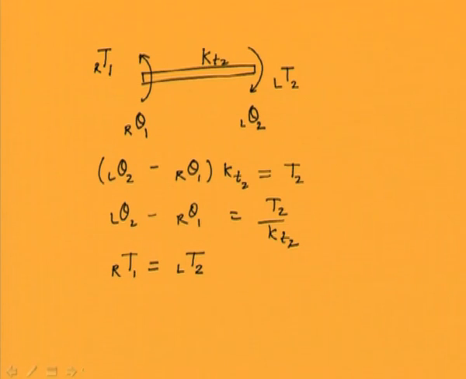We can write these two equations in a more convenient form, that is, torque left of 2 is equal to torque right of 1, and theta left of 2 is equal to theta right of 1 plus torque right of 1 divided by the stiffness of the shaft.